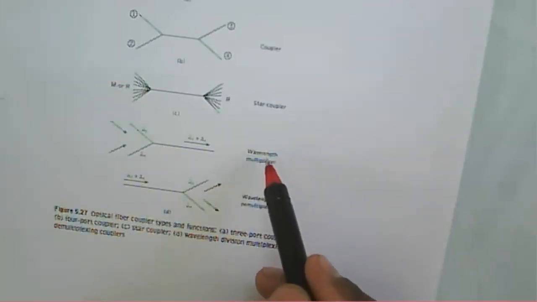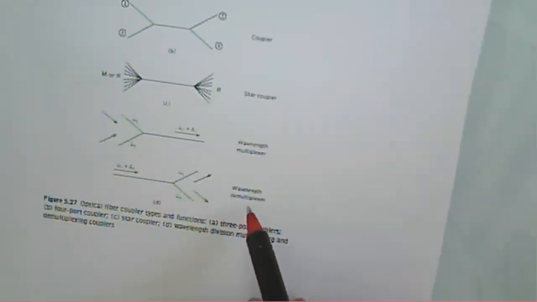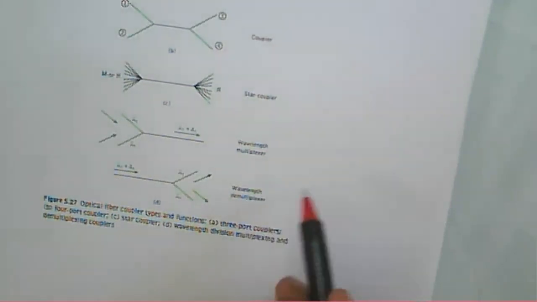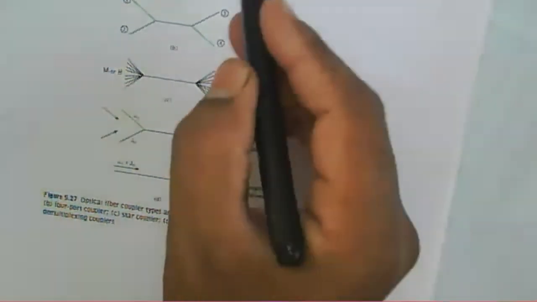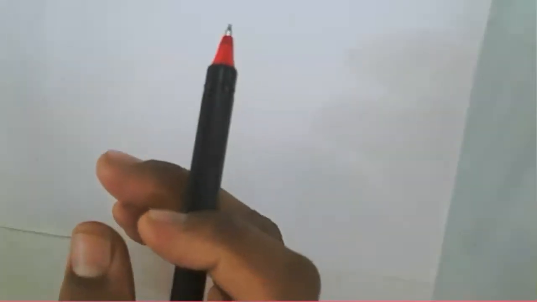We have a power coupler and a star coupler. We also have wavelength division multiplexing: a wavelength division multiplexer or wavelength division demultiplexer. Those are the various optical fiber couplers, and the couplers have various functions.